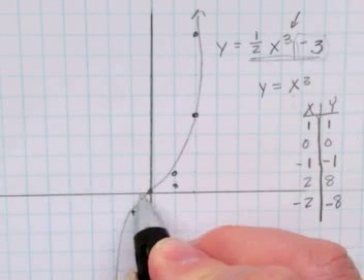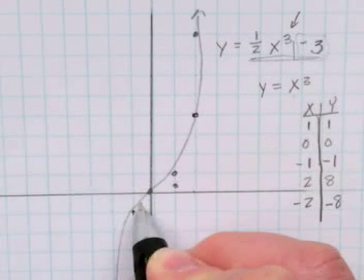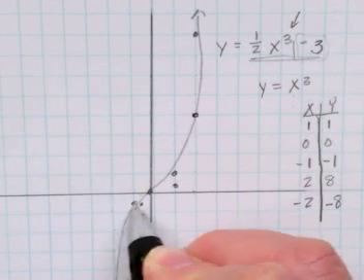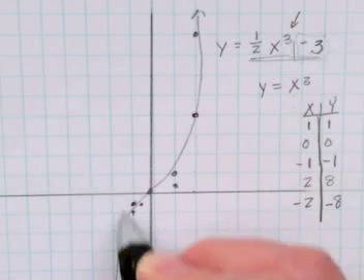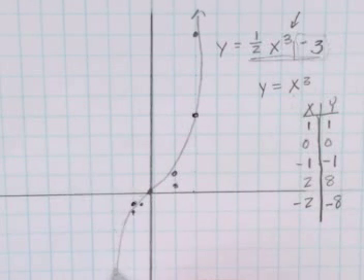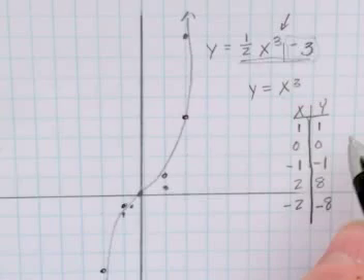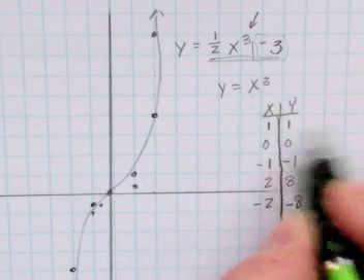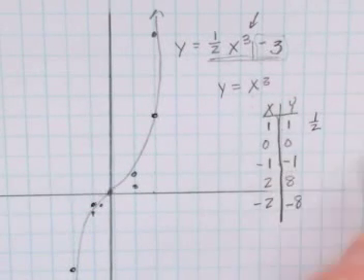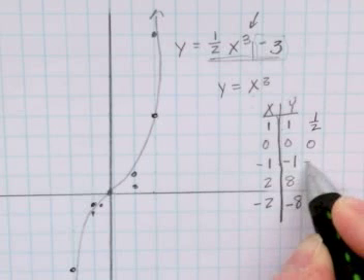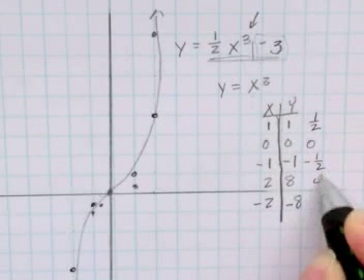And this would be at -1, -1/2 right there. And -2, -4. So all I really did was take these y values and multiply them by 1/2. Notice 0 doesn't change.